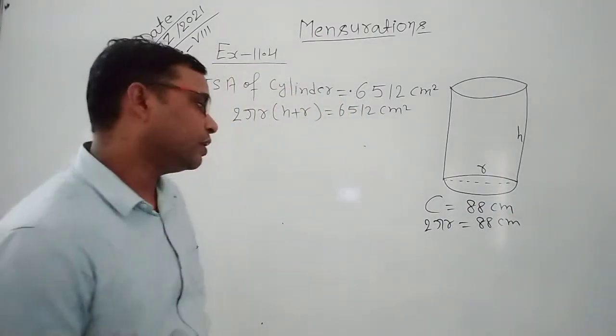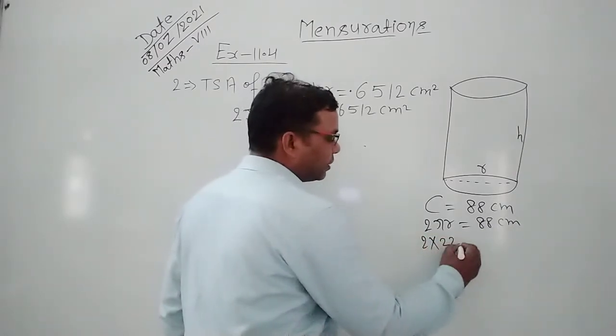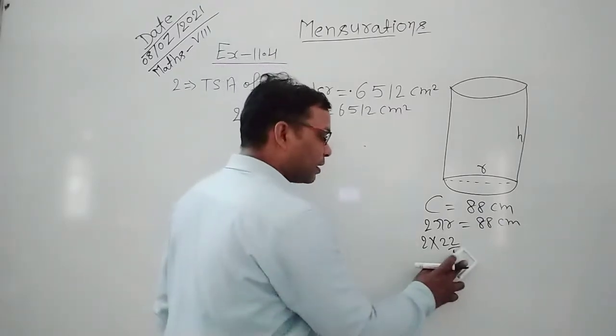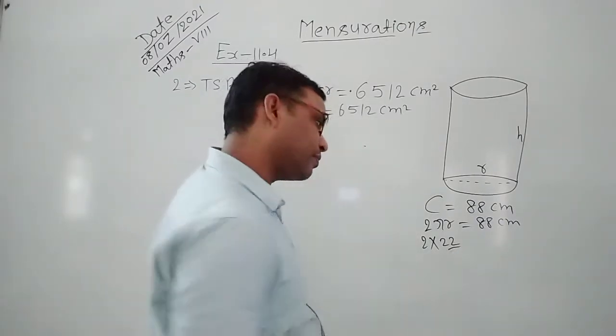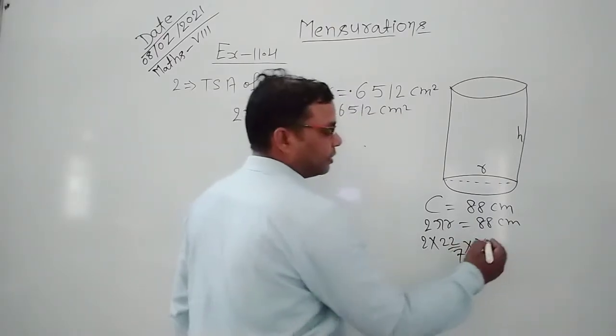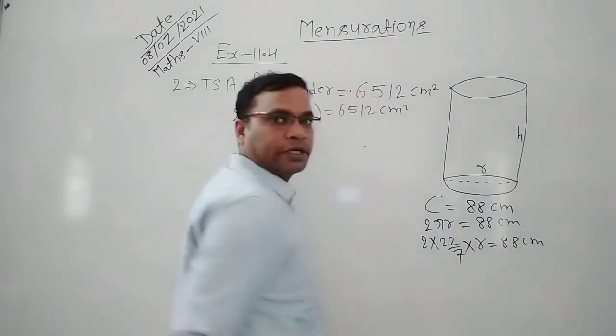Clear? Now here you can write 2 into 22 by 7 into r, which we need to find, equals 88 centimeter. This is clear.